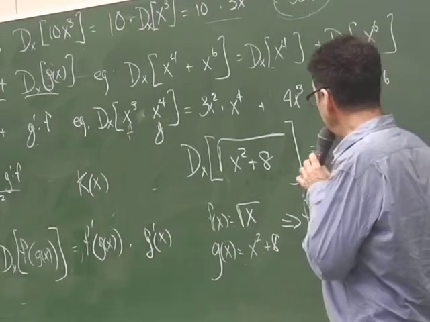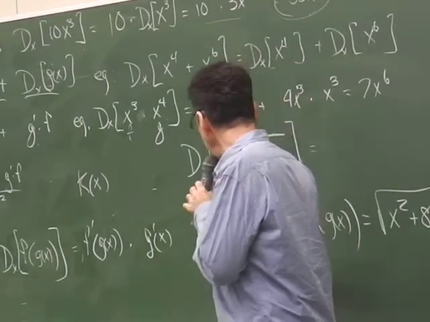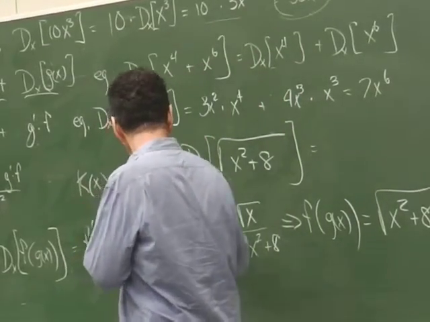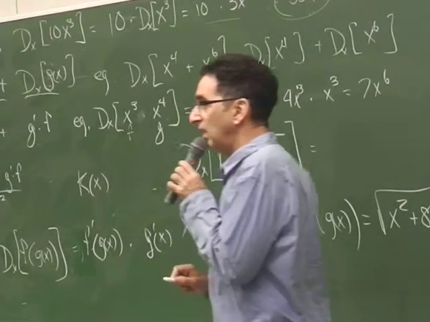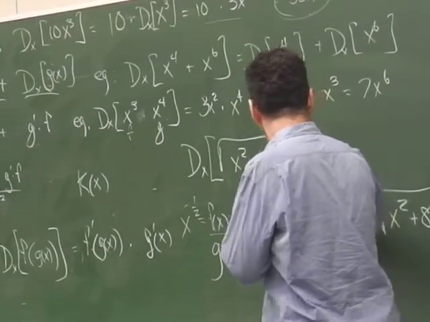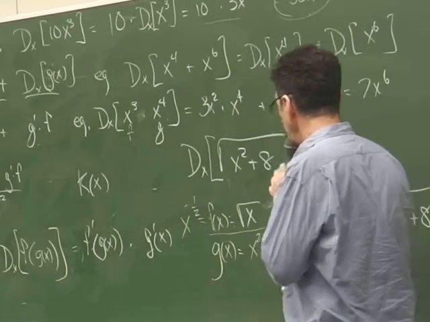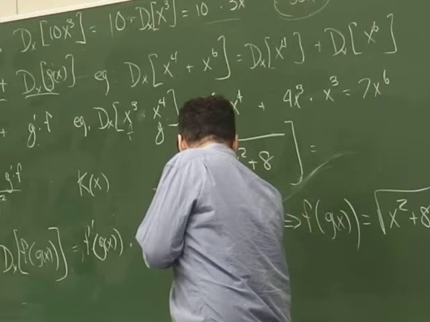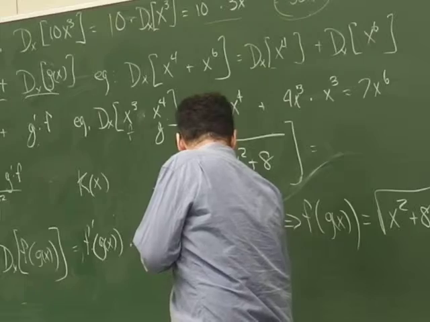So let's do it. I said that f is here, so I need to find f prime. I think it's easier to write this as x to the 1/2. So the derivative of f is what?